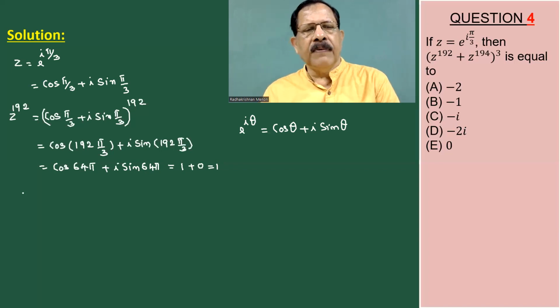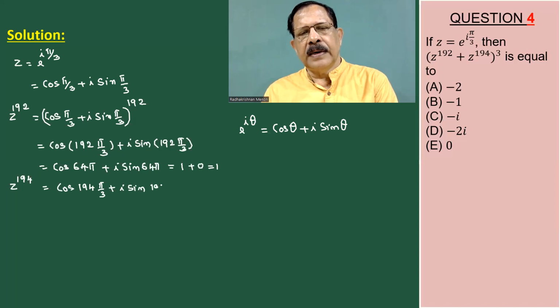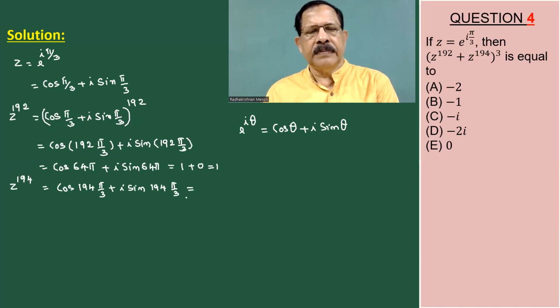Now what about z raised to 194? z raised to 194 is equal to cos 194 pi by 3 plus i sin 194 pi by 3. So we have to simplify.